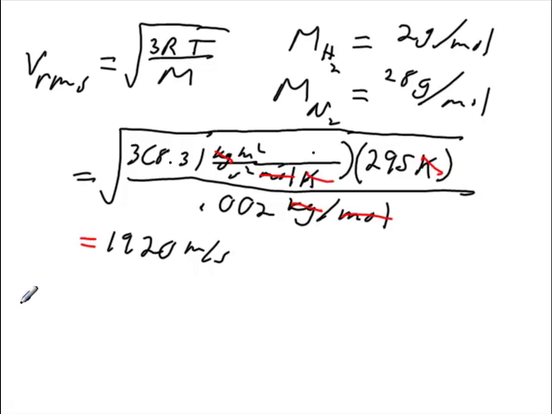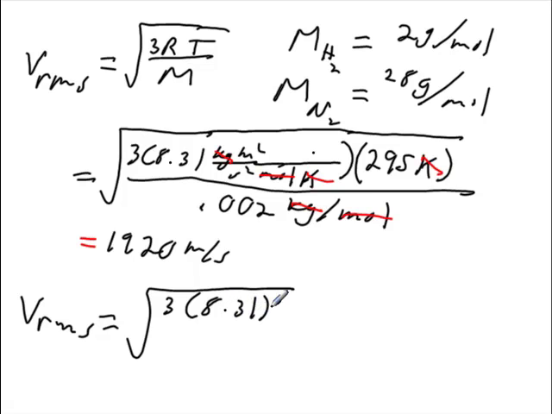By contrast, if I replace that with nitrogen, 3 times 8.31 times 295 divided by 0.028, I get a value that is much slower, although still very fast.